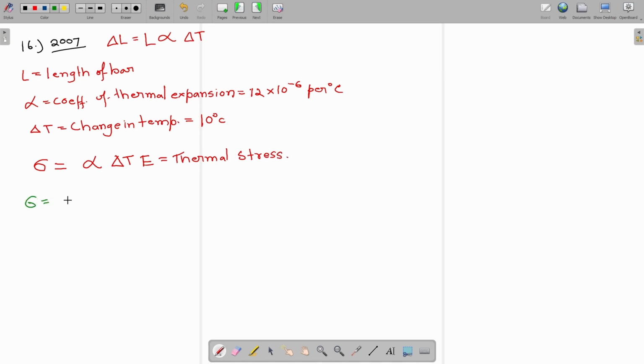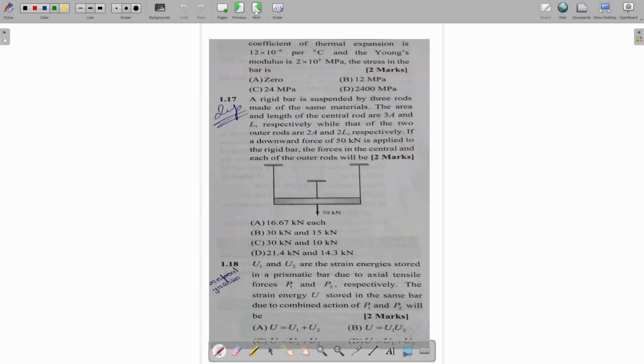Therefore, thermal stress is given as alpha, the coefficient of thermal expansion, which is 12 into 10 to the power minus 6, into delta T, the change in temperature, which is 10, into E, the Young's modulus, given as 2 into 10 to the power 5 MPa. The unit is MPa. Therefore, the stress is 24 MPa. Therefore, the correct option is 24 MPa, option number C.